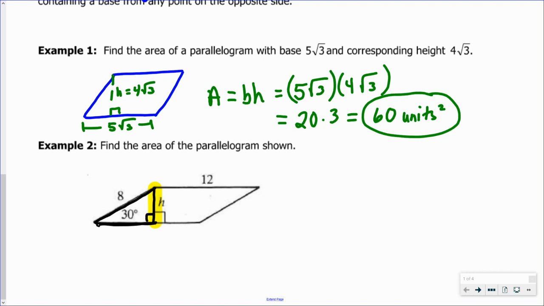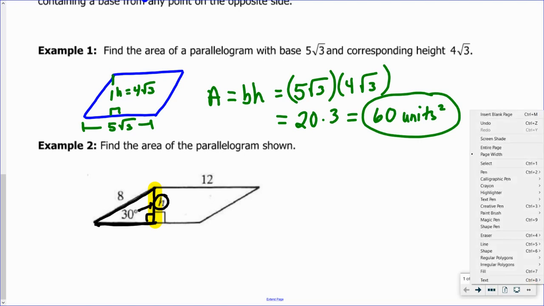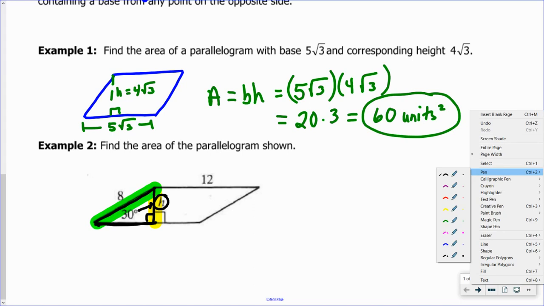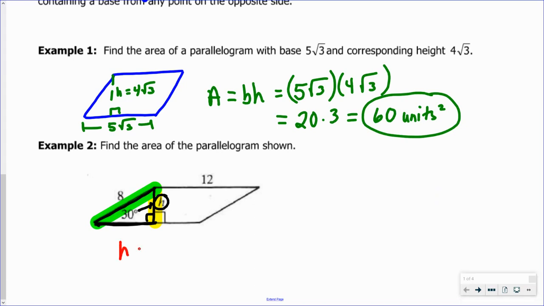So this triangle that I outlined in black is a 30-60-90 triangle, and the height is the short leg of that triangle because it's opposite the 30-degree angle. So that has to be half of the length of the hypotenuse, so half of the length of that side. That means that the height is equal to 4.